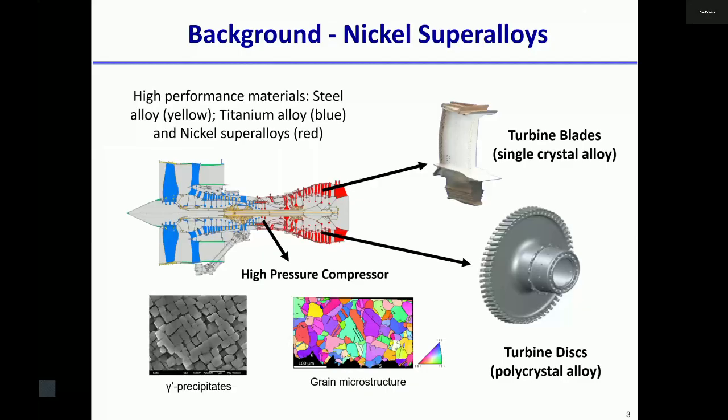This material is used as turbine blade and also turbine disc, around the combustion chamber. Currently no other material can be used here, so this is very important in terms of functionality and also mechanics.